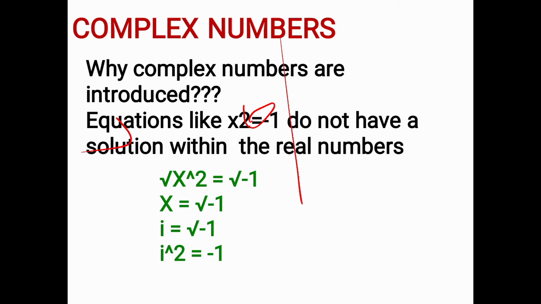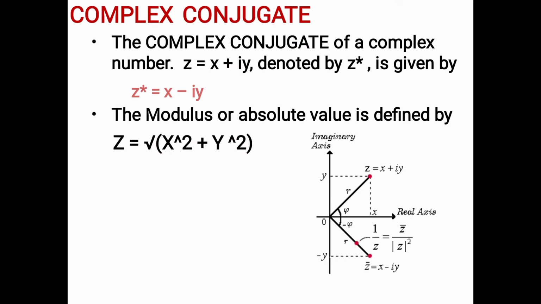That means I have told i equal to root over minus 1, but i square equal to root over minus 1 into root over minus 1, so i square equal to minus 1. This we should know. And we can derive later on i cube, i to the 4th, i to the 6th and so on, so that we can simplify some problems later on.